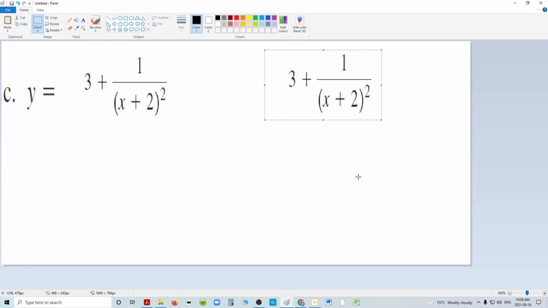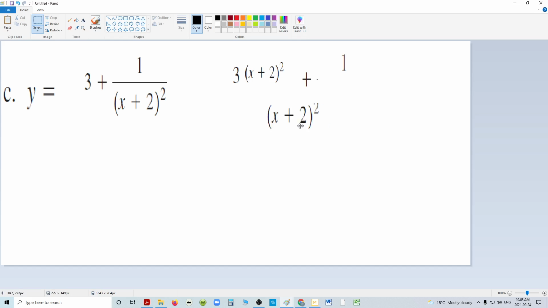If I was to add that as a fraction, I can't do it until this one as a fraction has the same denominator as this one, which means I have to multiply it by this over this to get it on the same fraction, which means I'm left with that plus 1 all over that.